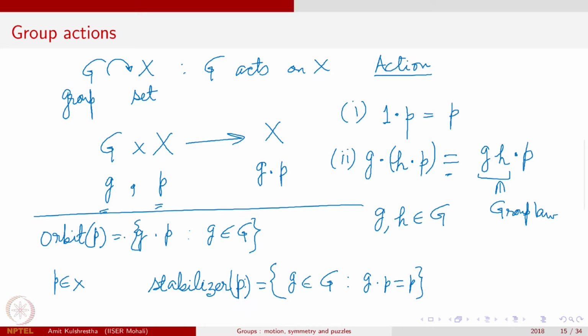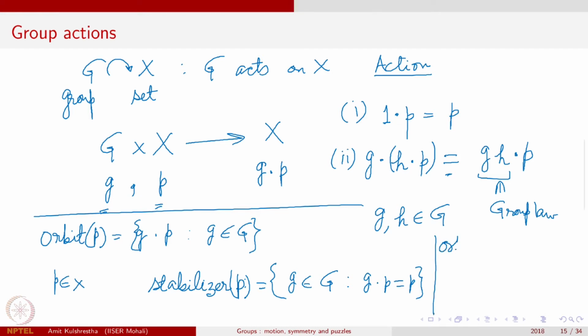For example, you consider points which have singleton orbit, that is orbit is just one. No element in the group is moving that point. So, no element of the group is moving a given point of the set. That means stabilizer is everything, right?